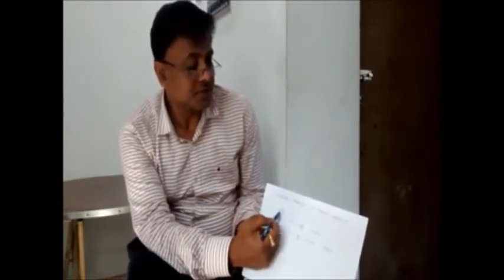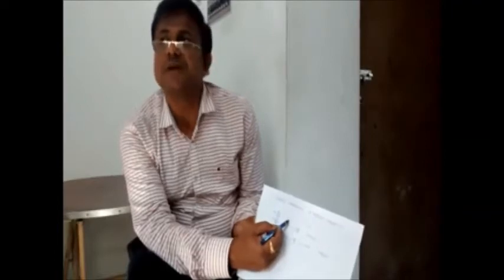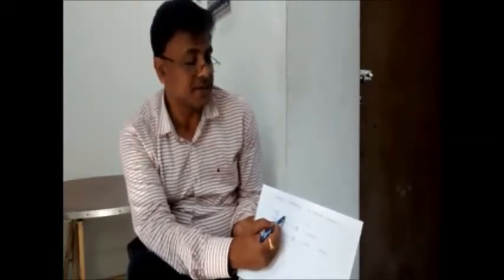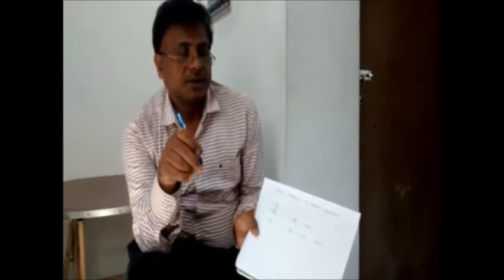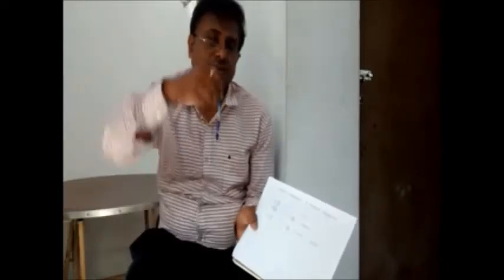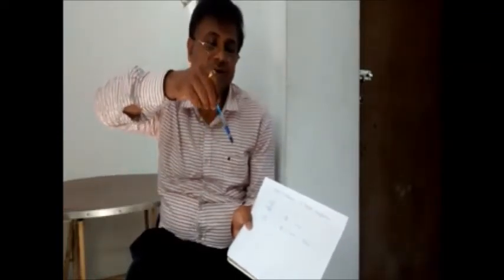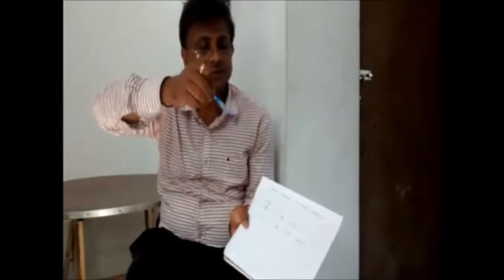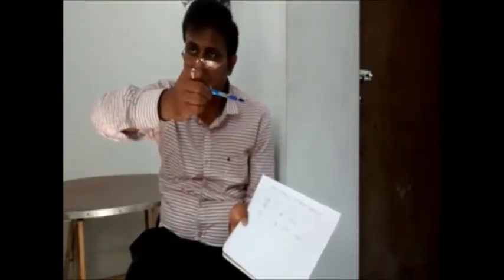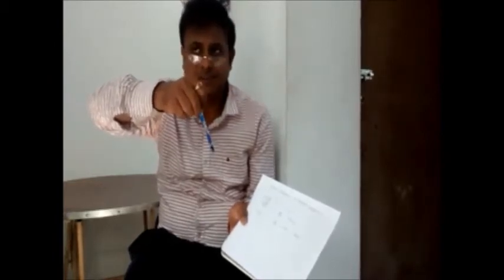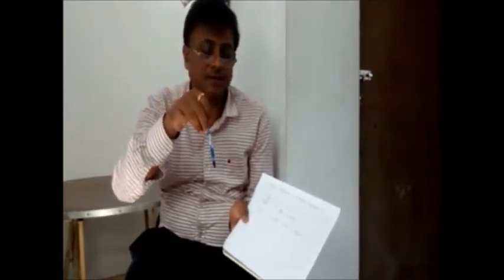Now m into d2x/dt2 is proportional to displacement x with a negative sign, minus, because when the acceleration is in a direction in which it is increasing, the displacement is decreasing. Suppose it is here. Now if you go in these directions, it is going upwards. Displacement is actually taken from the mean position.